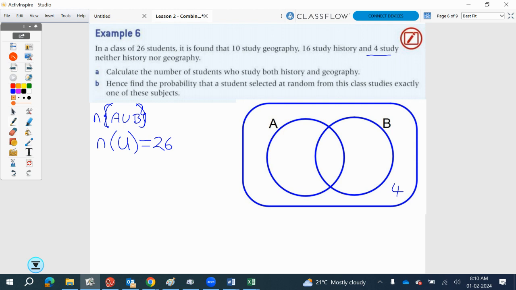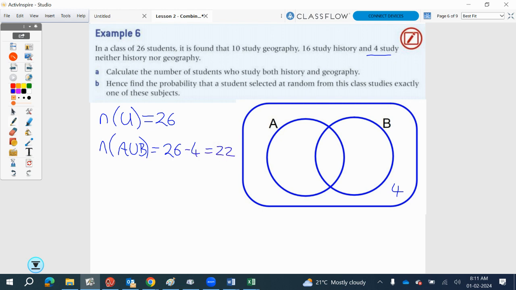But the universal set is 26, so that means this has to be 22. Rub that out, start again. So it's 26 here, which means that the number of students in A union B is 26 minus 4, 22.